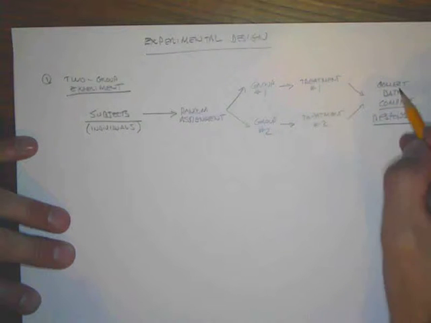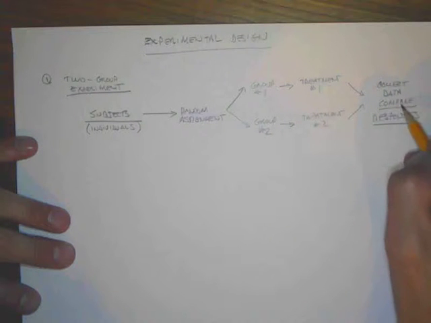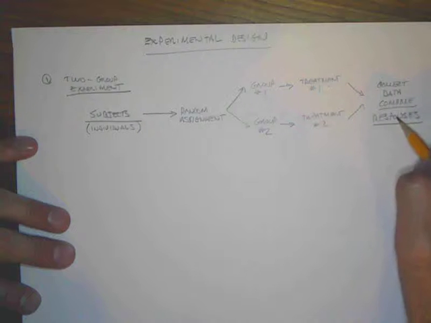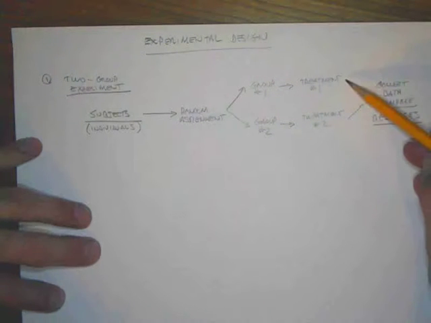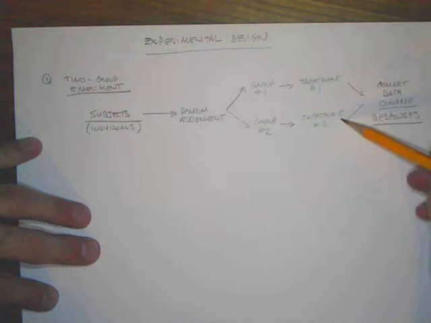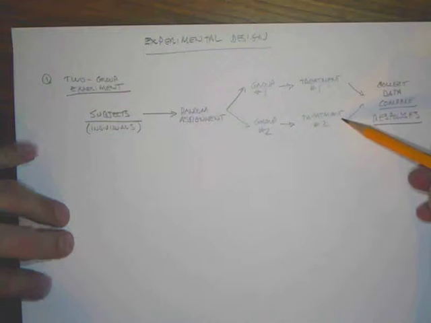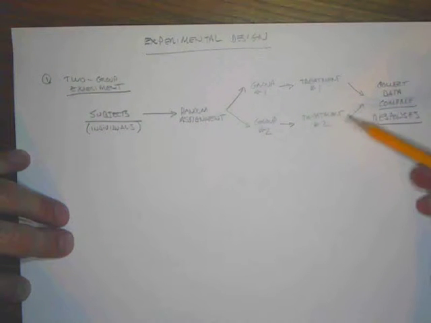We collect data and then we compare the responses, and we would expect, if the SMART pill works, that the treatment improved the variable of the IQ, and the placebo caused nothing to happen and these IQs stayed the same. So that's a two-group experiment.